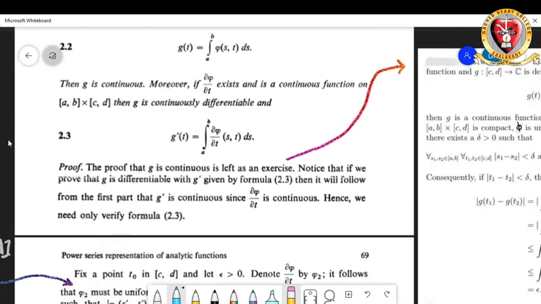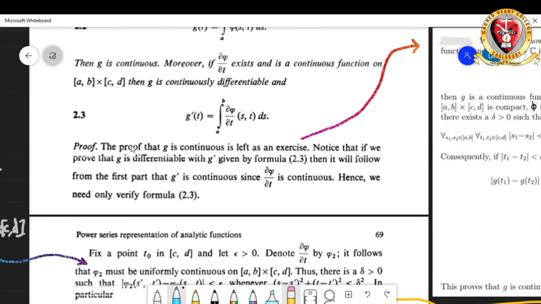So if g is differentiable, then obviously g dash will be continuous from the first part, as the partial derivative of phi with respect to t is continuous.